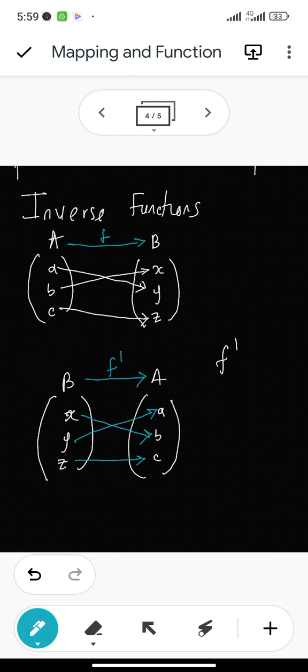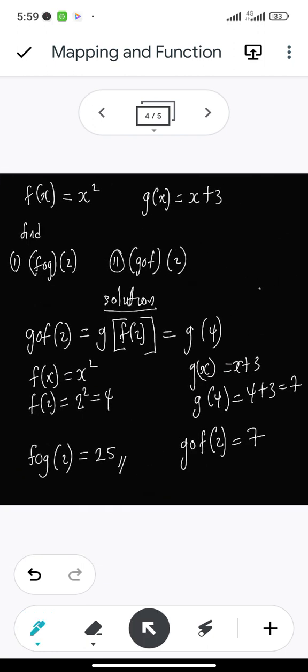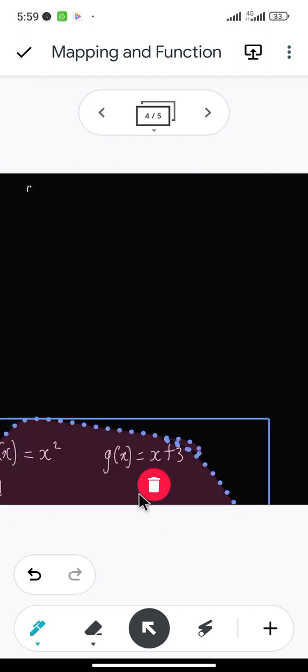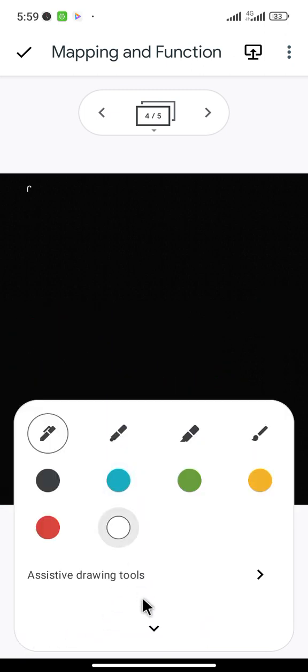Now, for a function which is not one-to-one, the inverse function does not exist. Understand? Let me explain why that is.